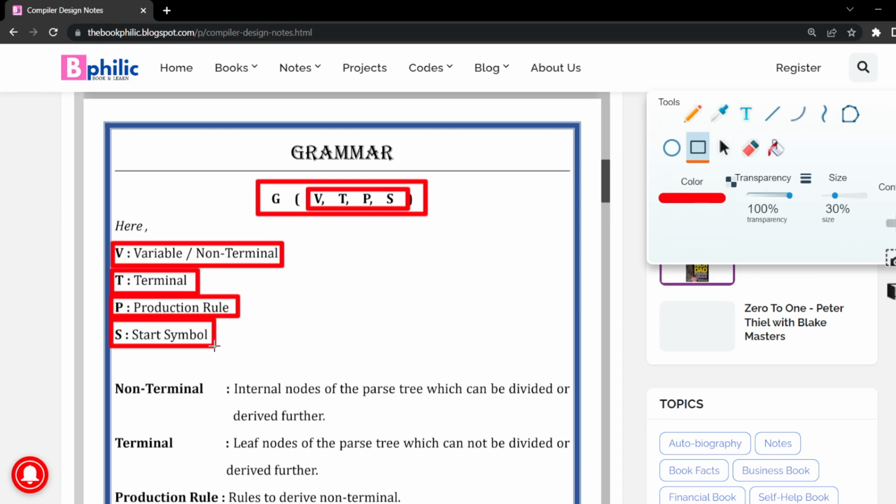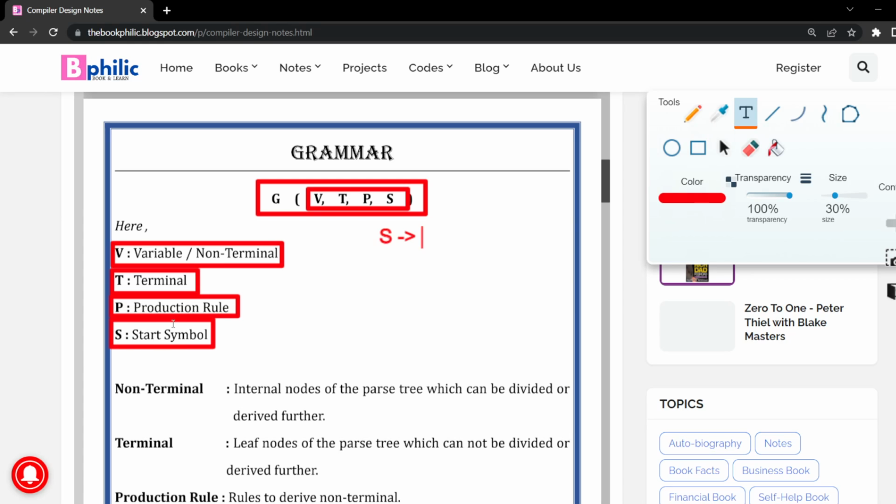Now you may want to ask what do you mean by variable, terminal, production rule, start symbol? So let us understand by a simple example. Suppose I am writing one rule of grammar: S derives, and this arrowhead symbol is known as derives, and S is nothing but the start symbol that is written over here.